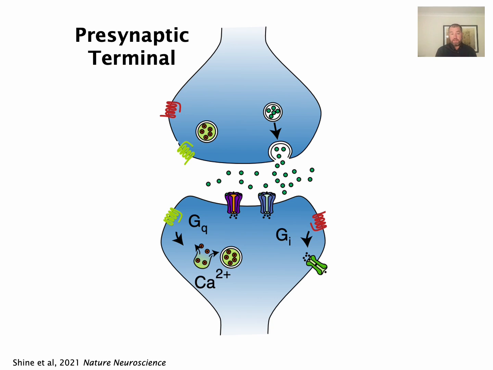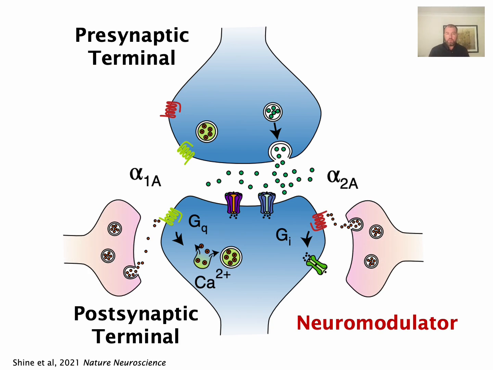In contrast to this mechanism, neuromodulators actually work a little bit more like a hormone in that they are released from the site. They contact a different type of receptor we call a G protein coupled receptor. These little curly green and red receptor cartoons.